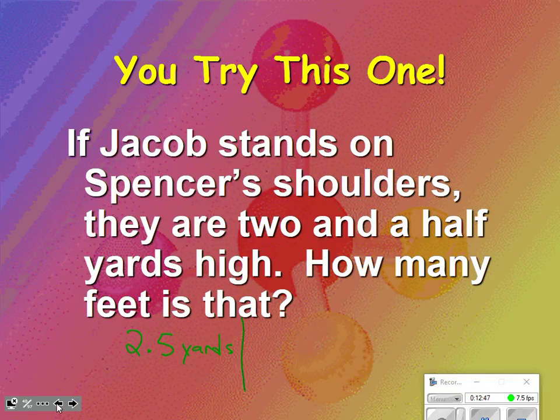I set up my conversion box, and I know that I want yards to cancel. So 1 yard is 3 feet. My yard cancels, my yard cancels. So I take 2.5 and I multiply that by 3.